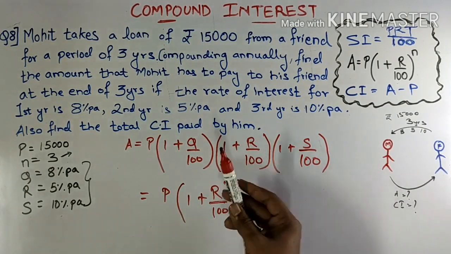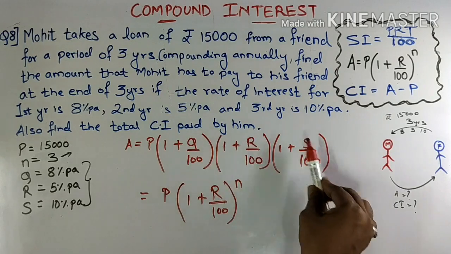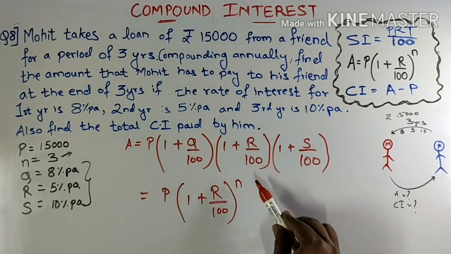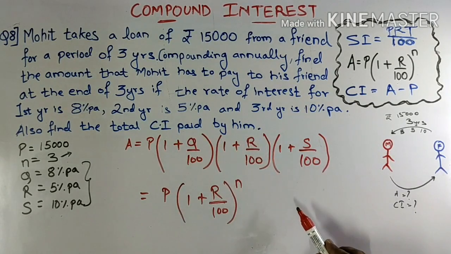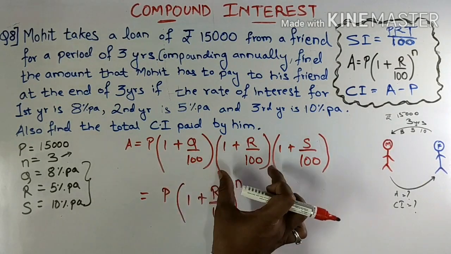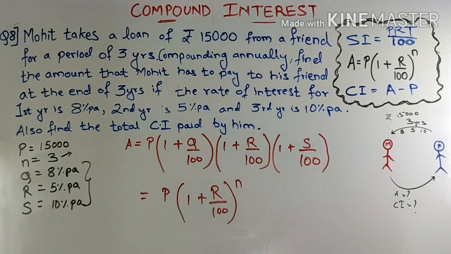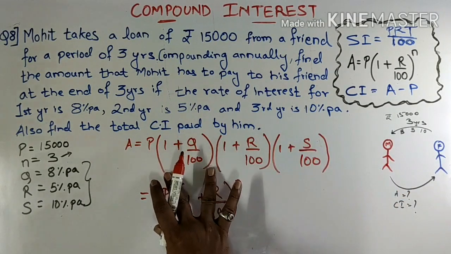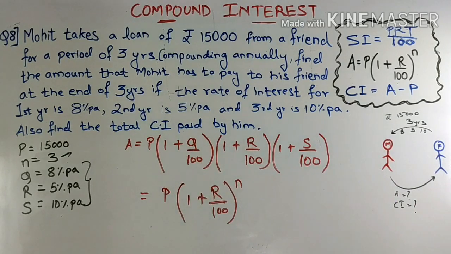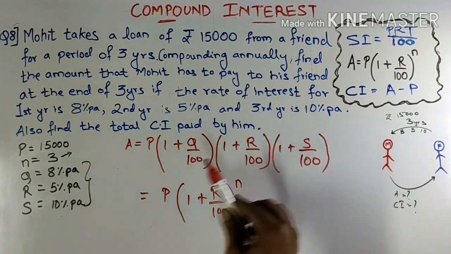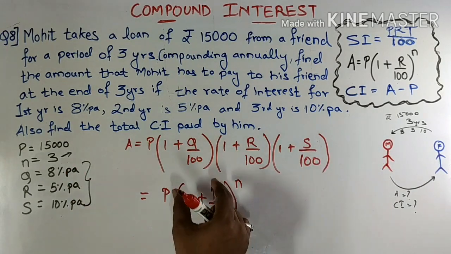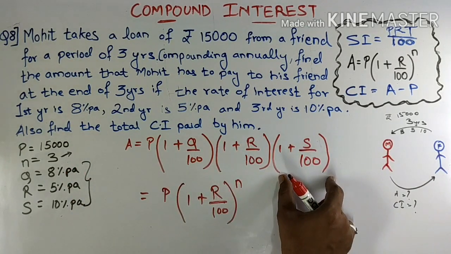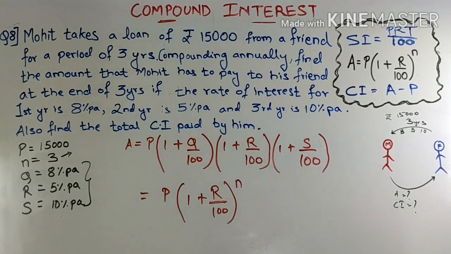But here, since for 3 years I have 3 different rates, I am using Q for the first year's rate of interest, R for the second year's rate of interest, and S for the third year's rate of interest, and I am multiplying these brackets individually. So I don't have to use any N over here because I am already doing it individually for all the years. Hence, if you want to remember it, you can link it to this: N is the power 3, so we'll have 3 different brackets and 3 rates inside the brackets.